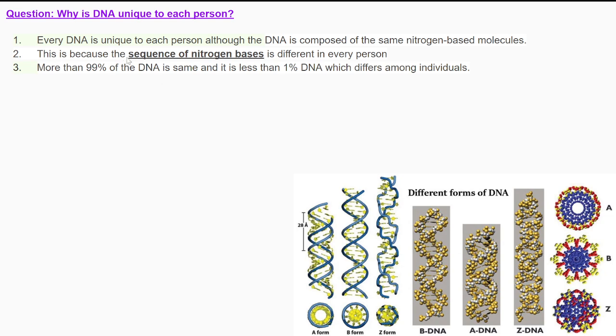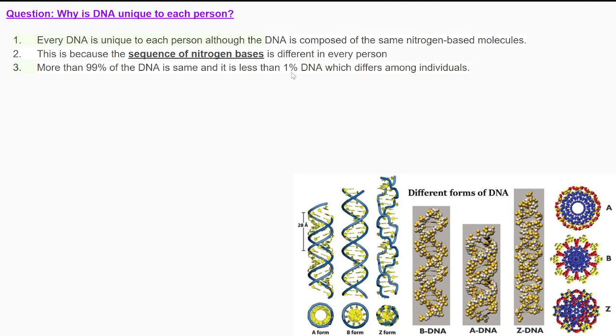This is because the sequence of nitrogen bases is different in every person. So that's the difference of sequencing of nitrogen bases. And more important, 99% of the DNA is the same in every human.